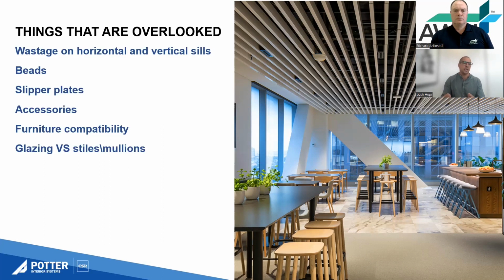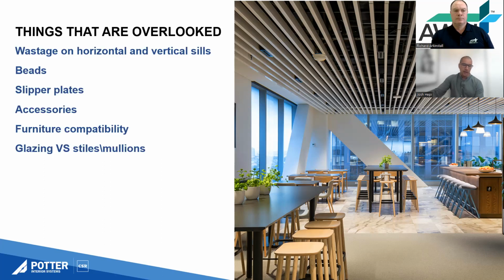Swipe cards, electronic locks, automatic door openers, all those things that can be paired with our door systems. It definitely pays to tackle it at the start, at the takeoff, to make sure that if it's called out and it's not going to work, you can RFI it or push it back and say it's not going to work, then it's not going to trip you up later on down the line.